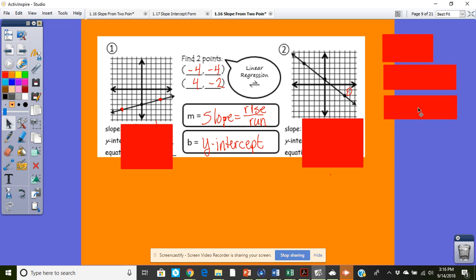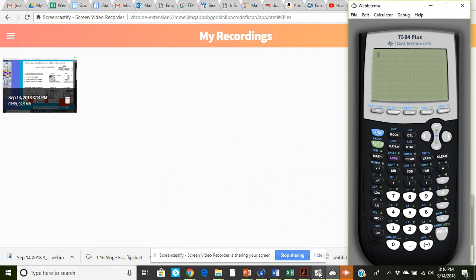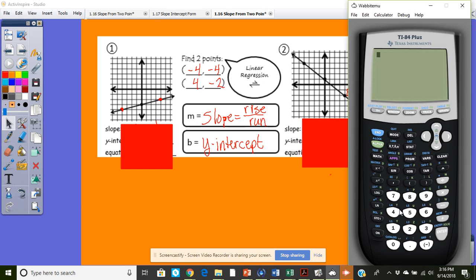All right, so now once I have 2 points, I can write an equation of this line. So using your calculator, we're going to go to Stat, edit our list, and our x values are -4 and 4. Remember, the first number in an ordered pair is your x value, and my y's are -4 and -2.